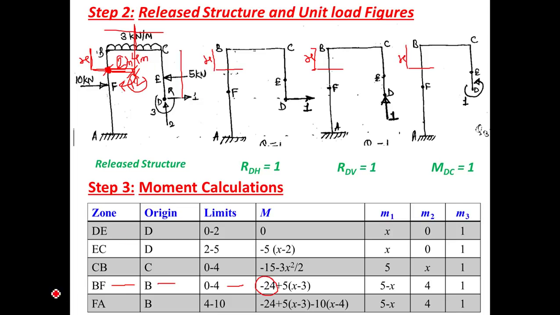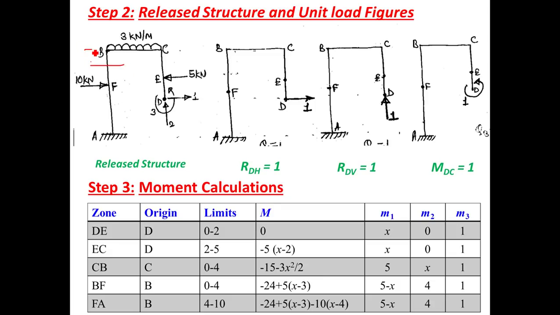Now we have to take moment of 5 kilonewton. I'll remove this all part. We are taking section here, and this distance is x. If you extend the line of action of 5, it comes like this. We are taking moment here, and this becomes the perpendicular distance.